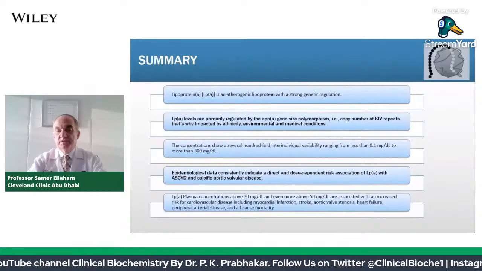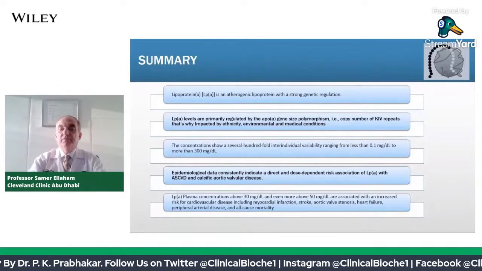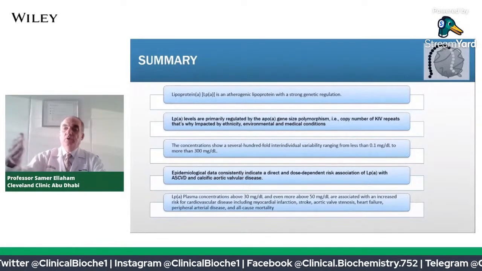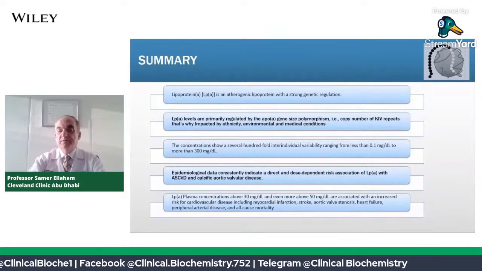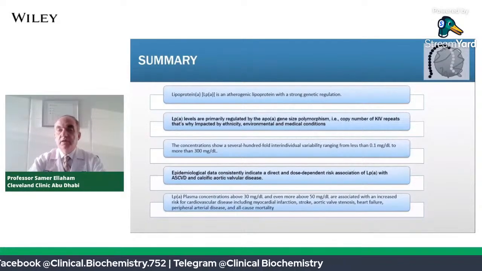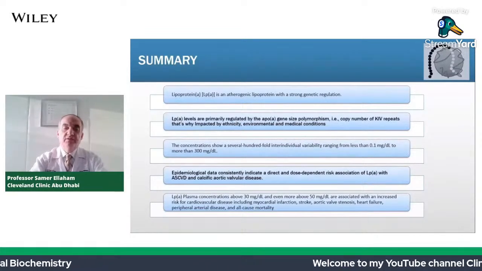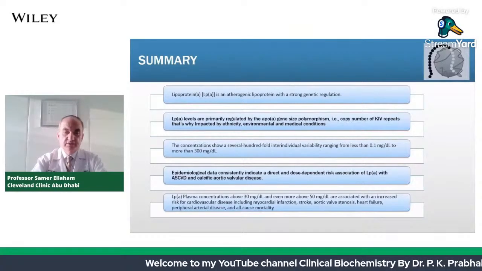Lp(a) plasma concentrations above 30 milligram per deciliter, and even more above 50 milligram per deciliter, and I told you about the nanomole unit, are associated with increased risk of cardiovascular disease, including myocardial infarction, stroke, aortic valve stenosis, heart failure, peripheral arterial disease, and all-cause mortality, ladies and gentlemen.